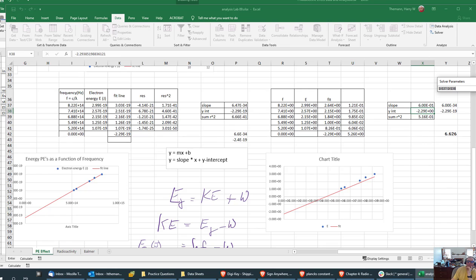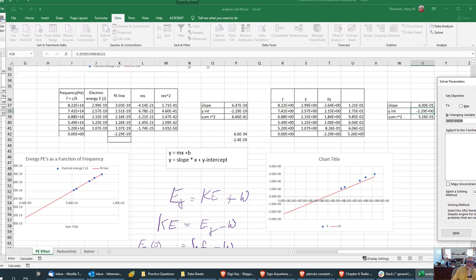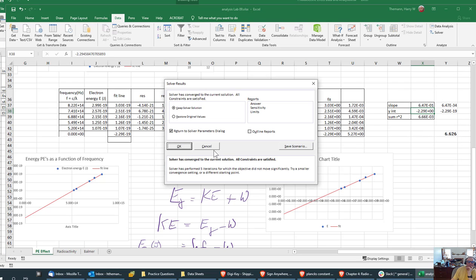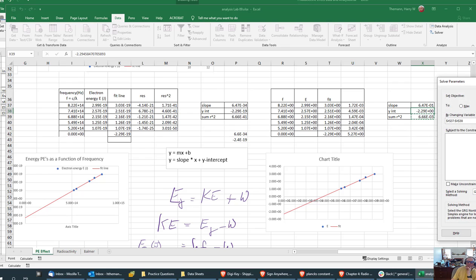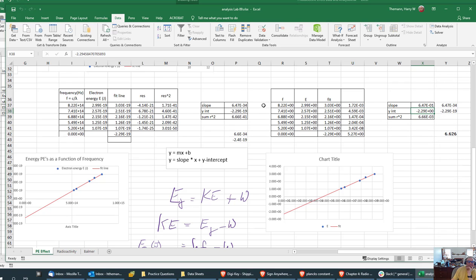And the fit parameter is X. Yep. And uncheck that box. We told it to min, right? Okay. Bingo.